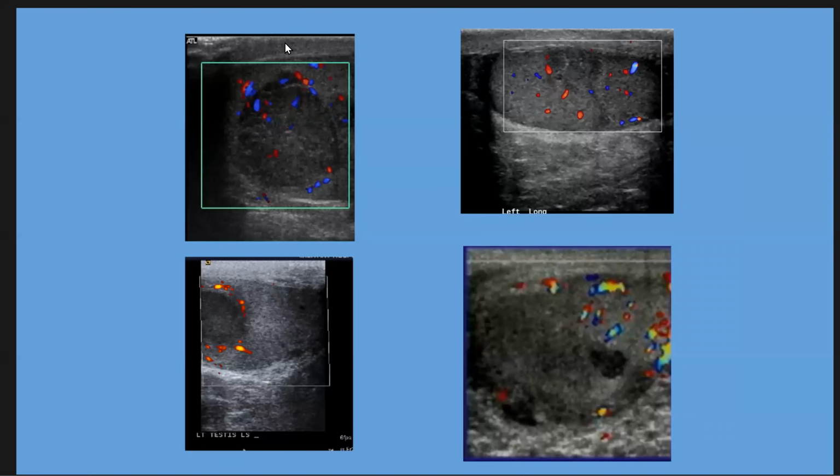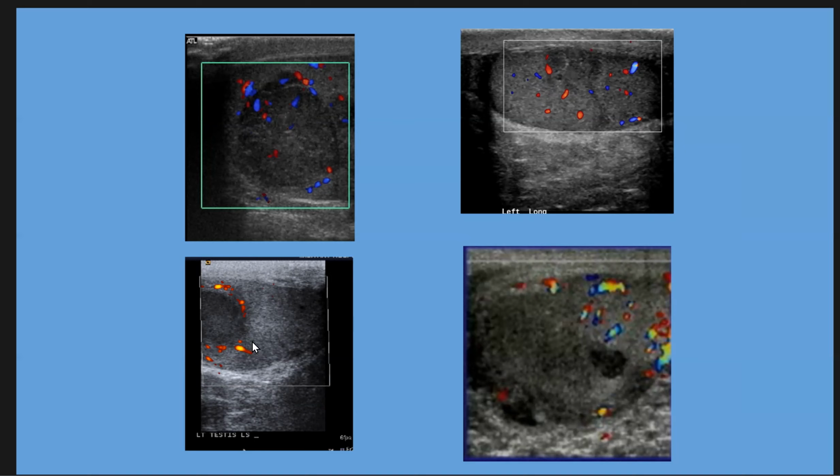The mass in this patient, hypoechoic with intratesticular Doppler, is a tumor, and this patient has no intratesticular vascularity, and this patient has an infarction.